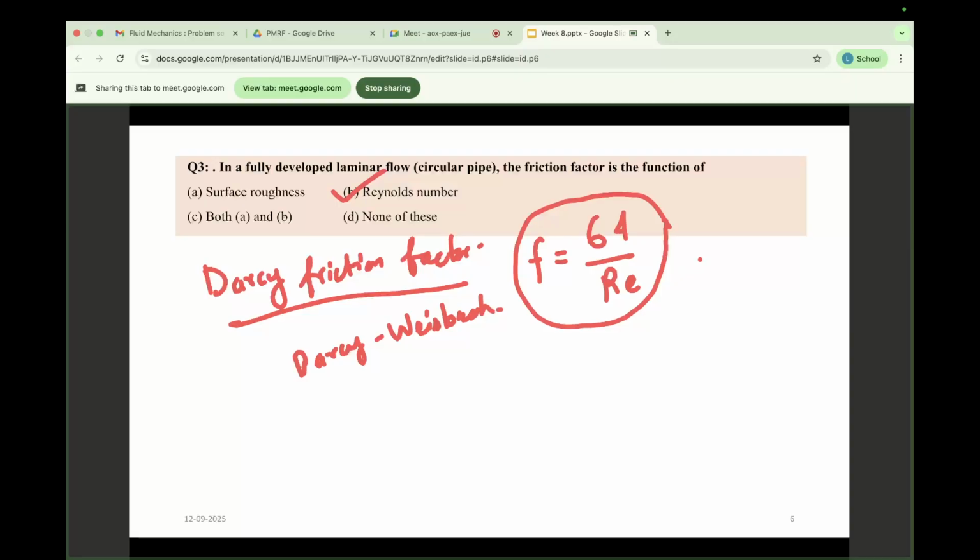And always remember, in 99% of cases we consider the roughness effect negligible for laminar flow. But in turbulent cases, we do not consider surface roughness negligible. So if the question said in a turbulent flow, the friction factor is a function of what, then Ravi, your answer would be correct. Both A and B would be the answer if it's a turbulent flow. But as it's a laminar flow, it should be option B.